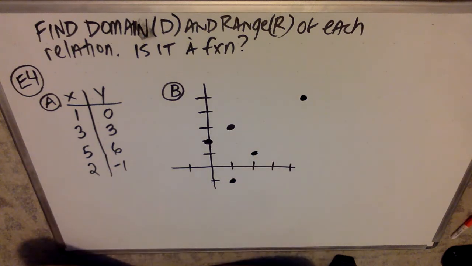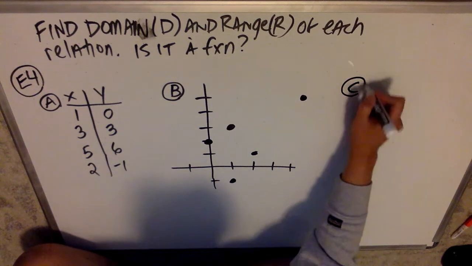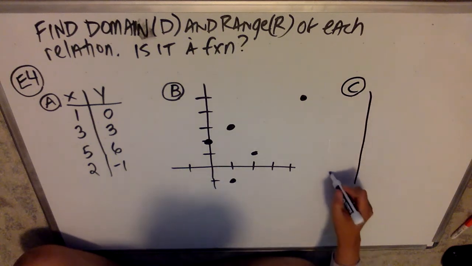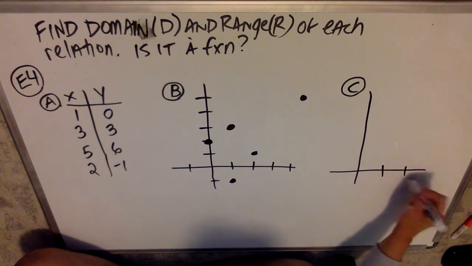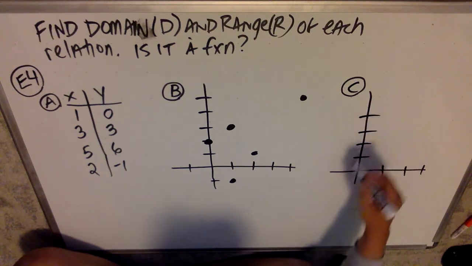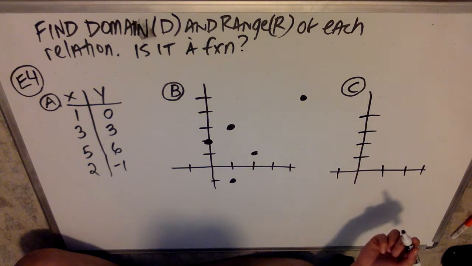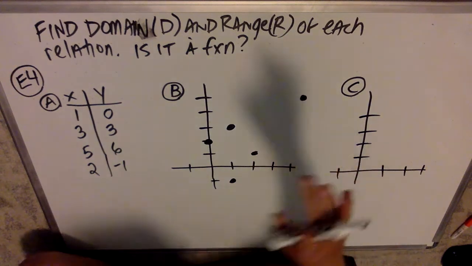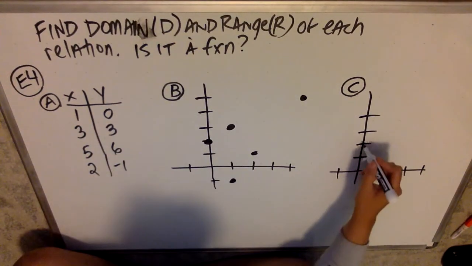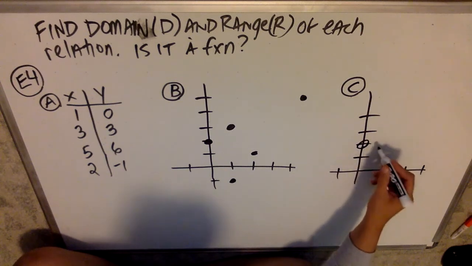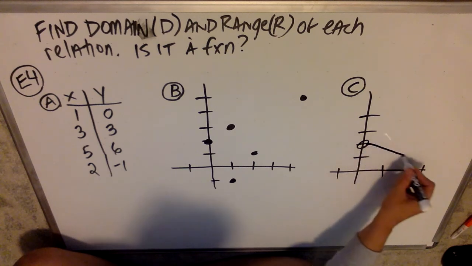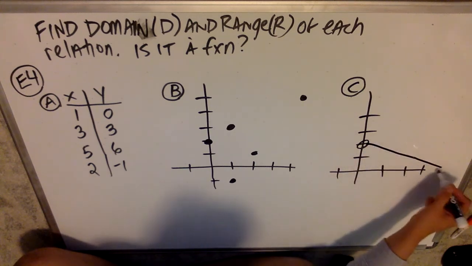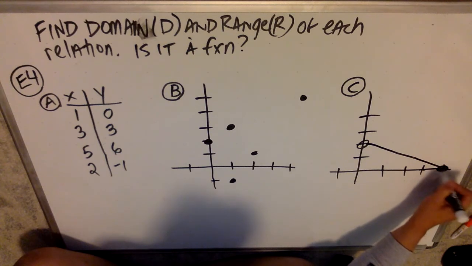Okay, great. And then we're going to do a C, where we're going to do an open circle right here, and we're going to go to a closed circle right here.